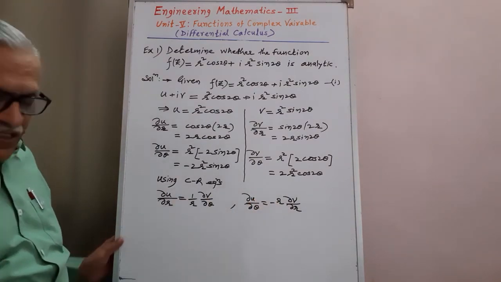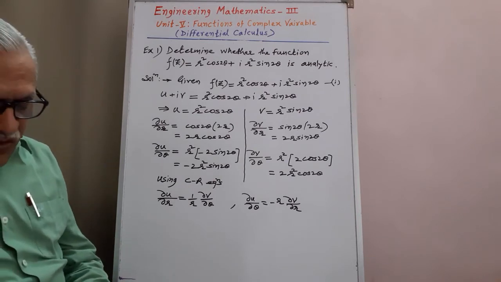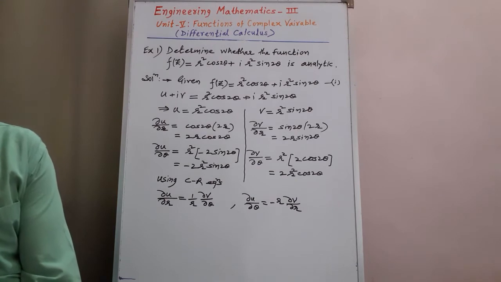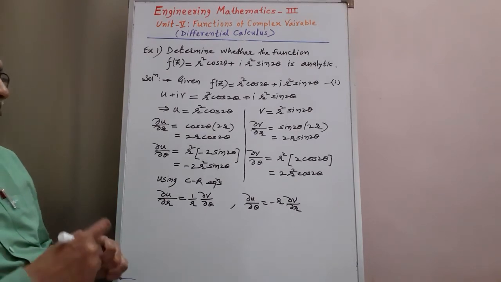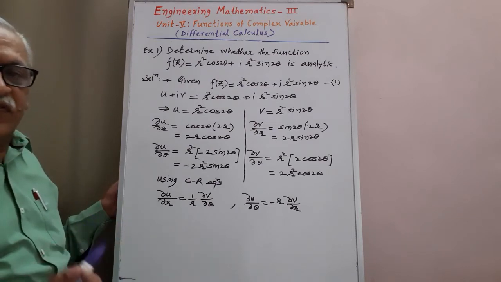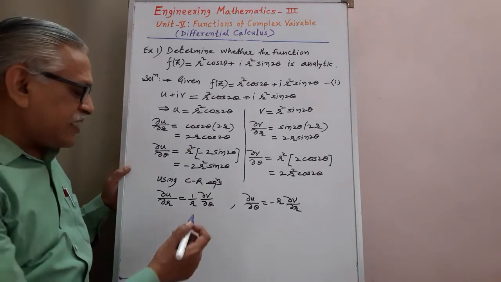Therefore we check whether these equations are true or not. If equations are satisfied, then that function is said to be analytic. If equations are not satisfied, it is not analytic.